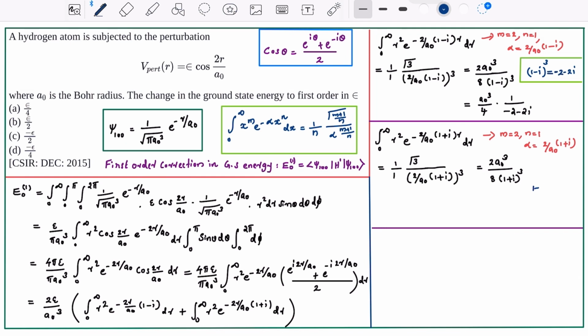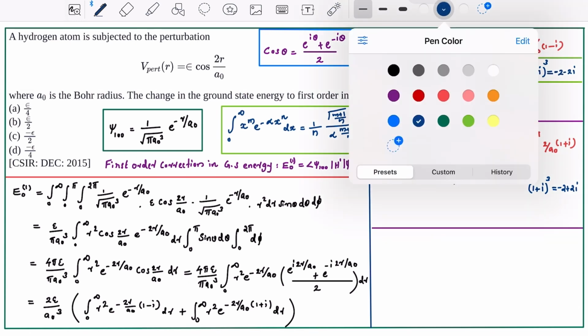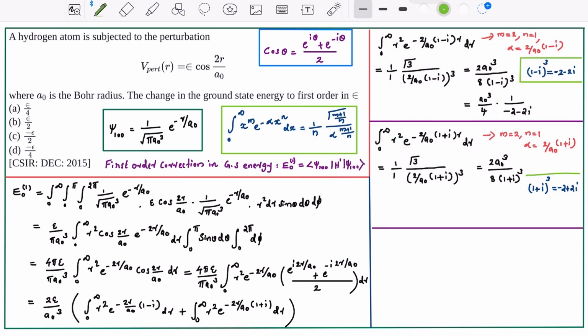The value of (1 plus i) whole cubed is minus 2 plus 2i. Now substitute it in the expression. You will get the value of the integral as A0 cubed by 4 into 1 by (minus 2 plus 2i).